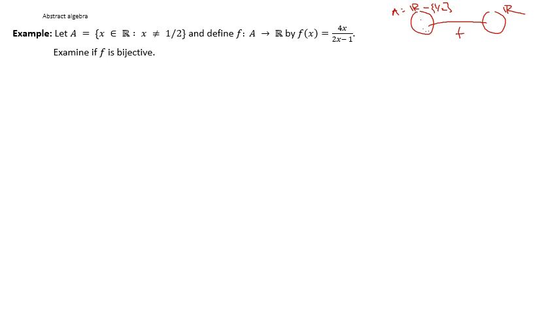We have to examine if it is bijective or not. Now if it is not bijective, then we have to find a suitable range for f for which f becomes bijective, and then find f inverse, because once f becomes bijective we can find f inverse. So that's our task.